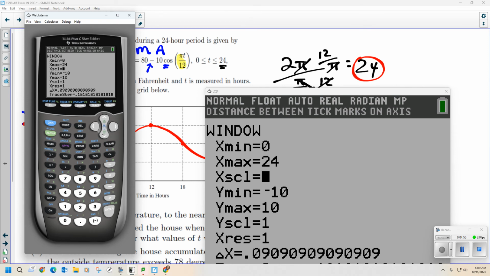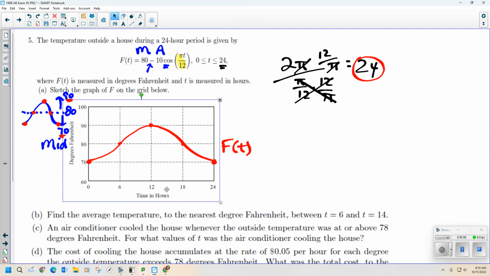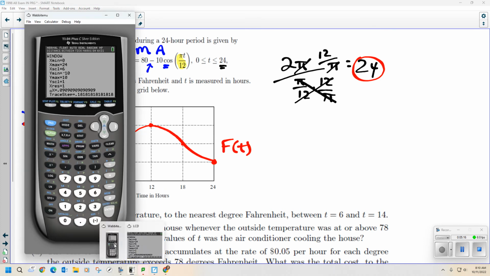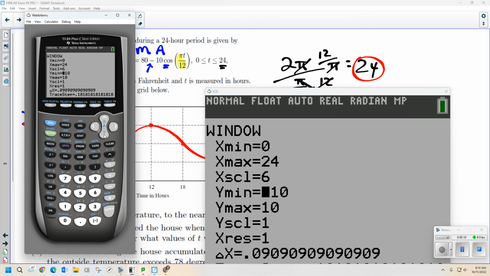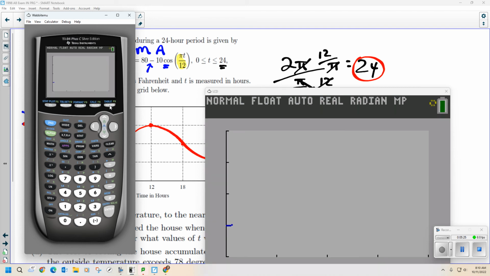On the bottom here it goes by sixes: 0, 6, 12, 18. My x-axis changes by 6, and my y-axis goes from 60 to 100 by 10. So let's do everything just like our paper does, 60 to 100 by 10s. If I graph this, that's exactly what we should get.